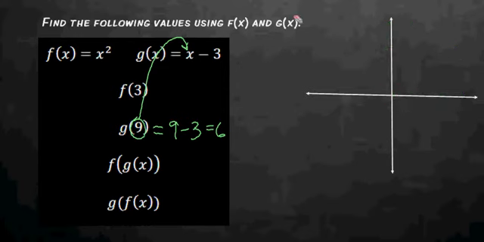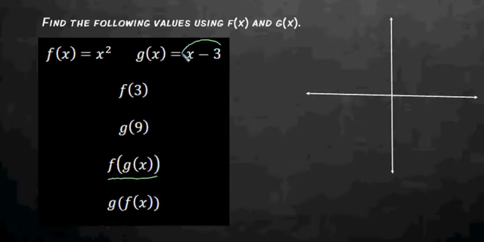And so now let's talk about what we mean when we talk about composite functions. If I asked you to find f of g of x, right here, I'm asking you to take this x minus 3 and put it into the x values of the f of x function.